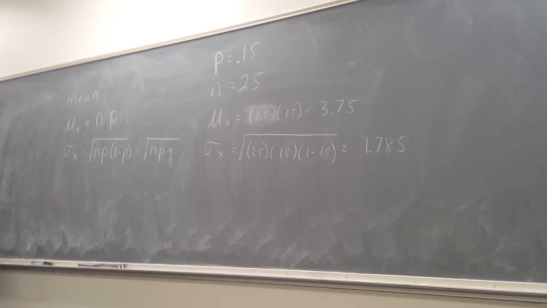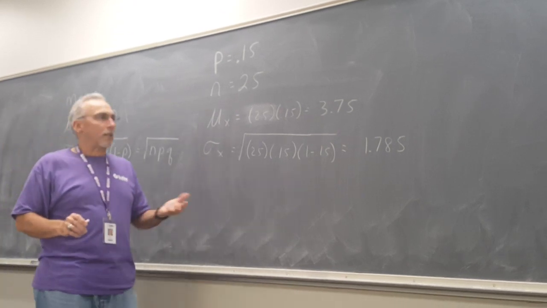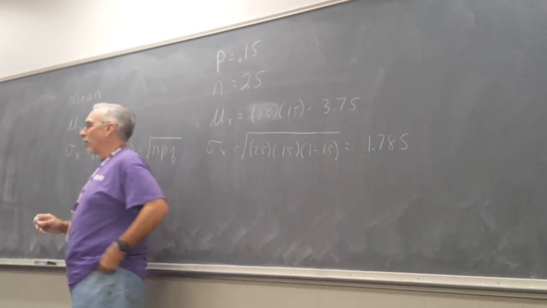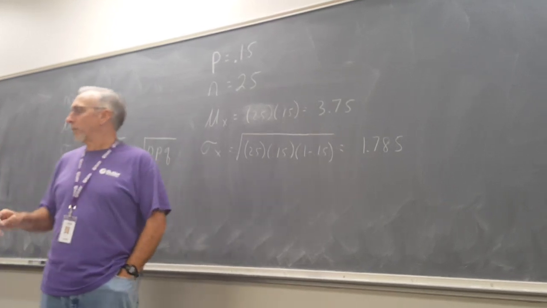So again, remember your mean, all through statistics, does not have to be part of your data set. You can't have 0.75 cars with a problem, right? Just like the average family has 2.4 kids.